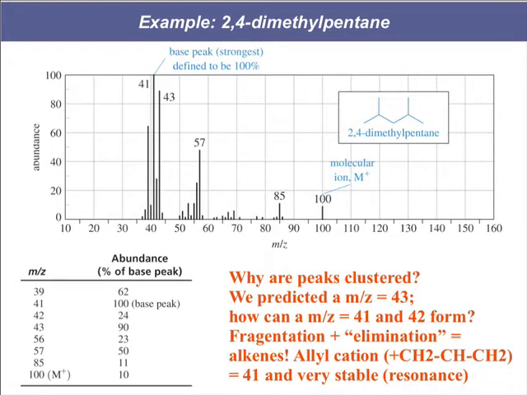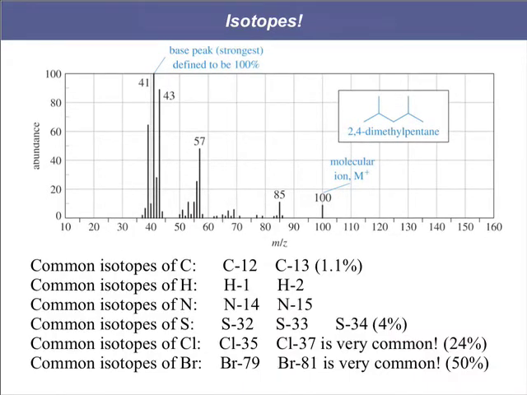Also, be aware of isotopes. Remember that isotopes exist. Most carbon in the world is carbon-12, but about 1% of carbon is carbon-13. So that means that one time out of 100, your fragment might end up with a carbon-13 in it instead of a carbon-12, which means that your molecular weight will be 1 higher than it should be.